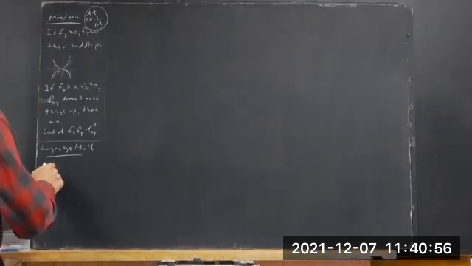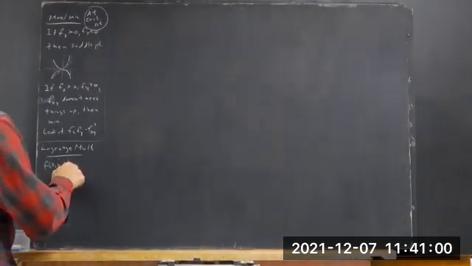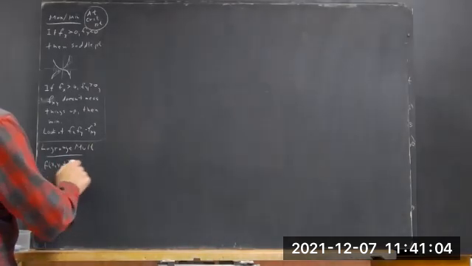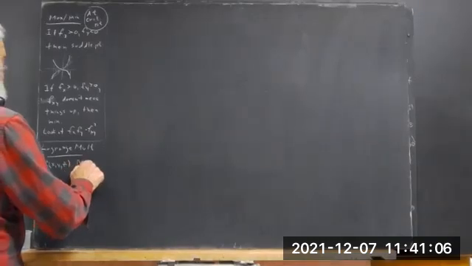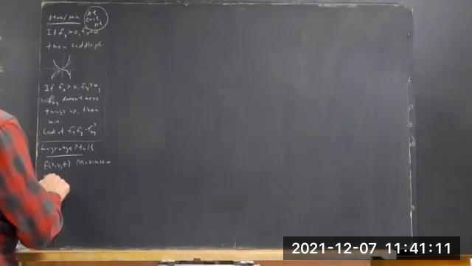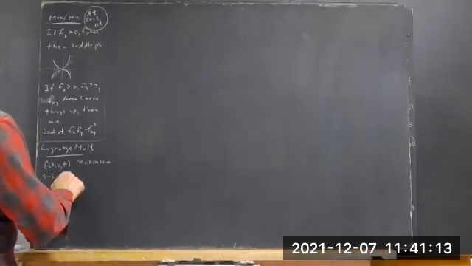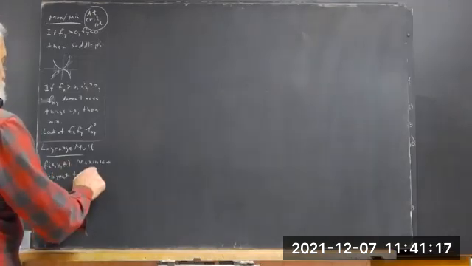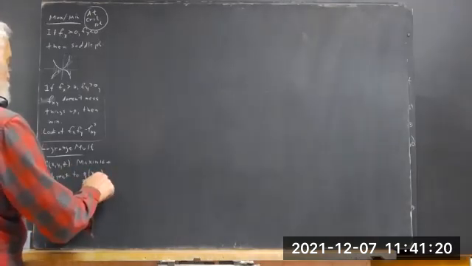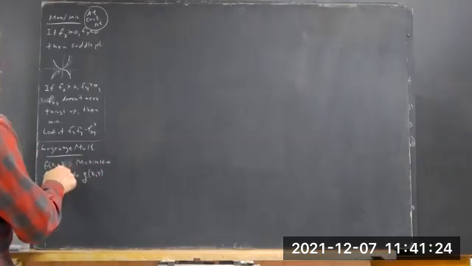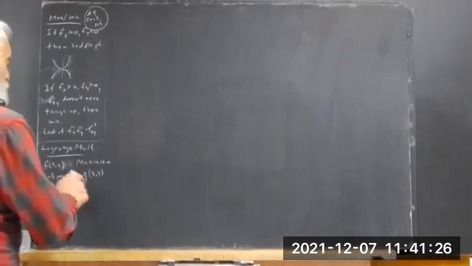Okay, Lagrange multiplier. So we have f of x, y, z. We want to maximize it subject to g of x, y. I'm going to just do a function of two variables, three variables being very much the same.